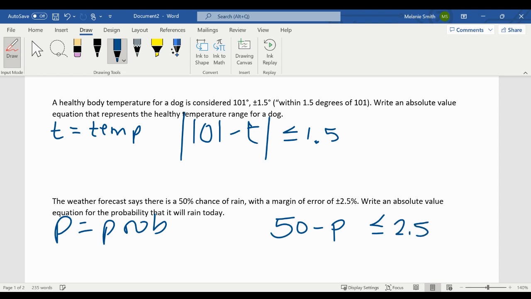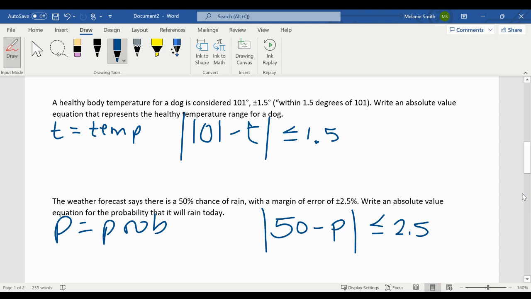But since we don't care if it's higher, if it goes up to 52.5 or if it comes down to 47.5, we don't care whether the difference is positive or negative because it can go a little bit in either direction. So we're going to take the absolute value.